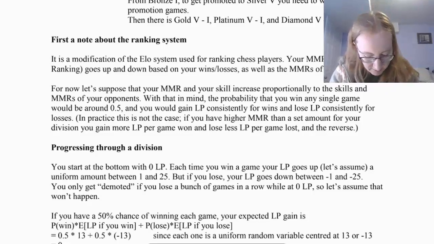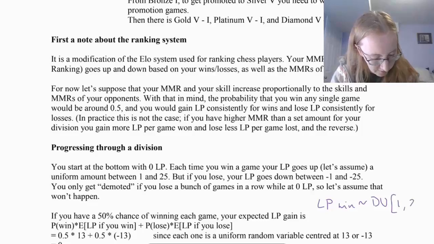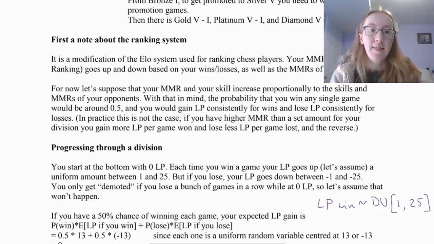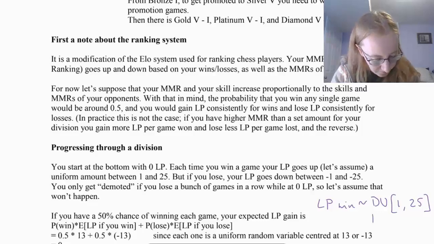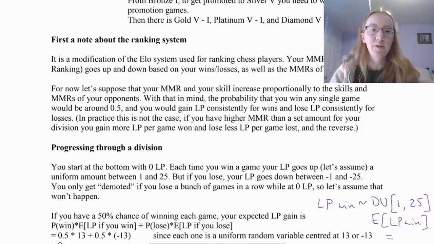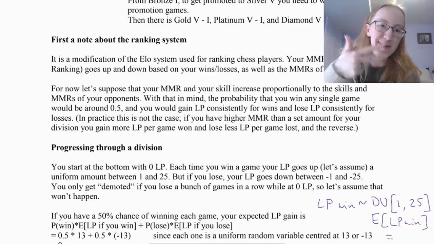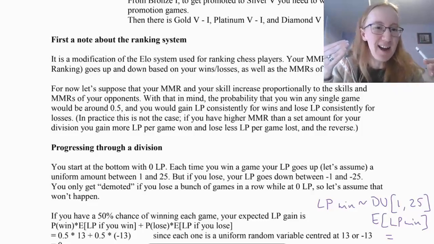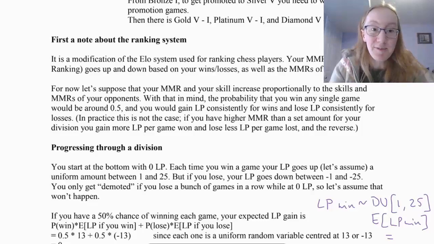If the LP you get on a win is a discrete uniform random variable on 1 to 25, then the expected value of your LP on a win is going to be equal to 1 plus 2 plus 3 plus 4, and so on, up to plus 25, divided by the number of possible values there are.